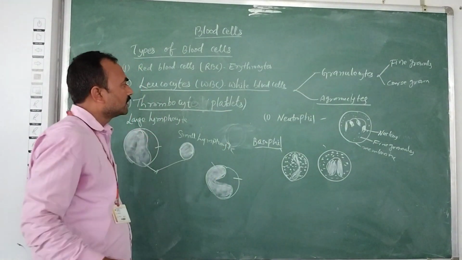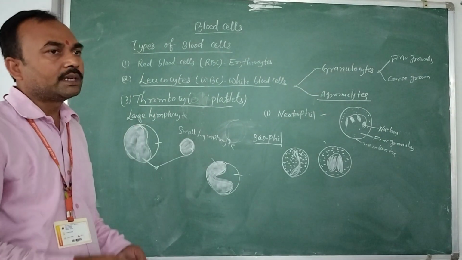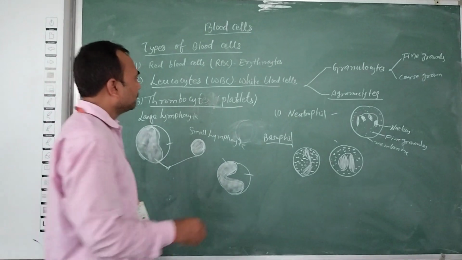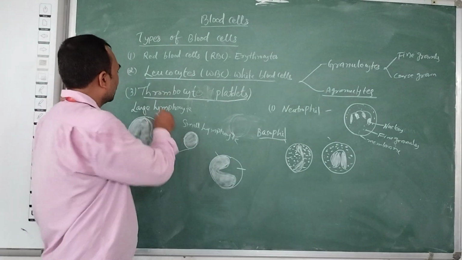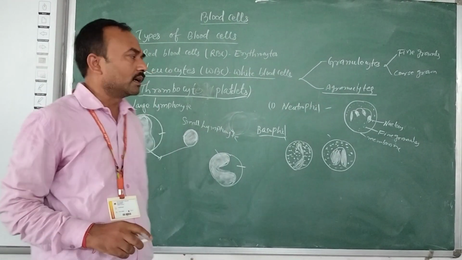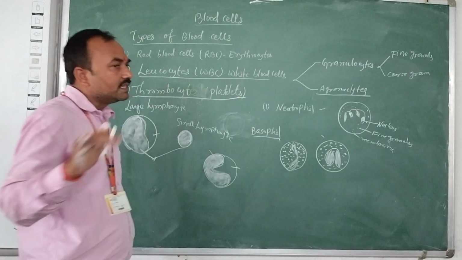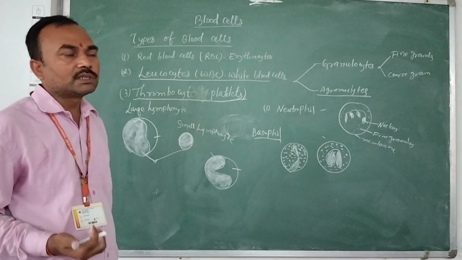The third type of blood cells is platelets. Platelets can also be called thrombocytes. Their number in our body is 1.5 lakh to 5 lakh. Once the platelet number increases, we can say thrombocytosis.